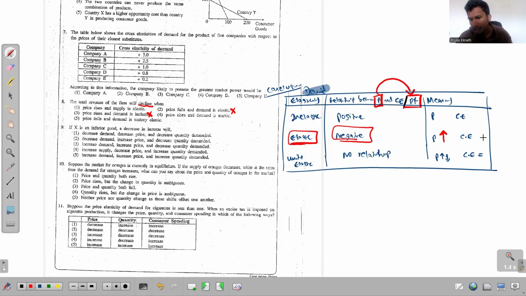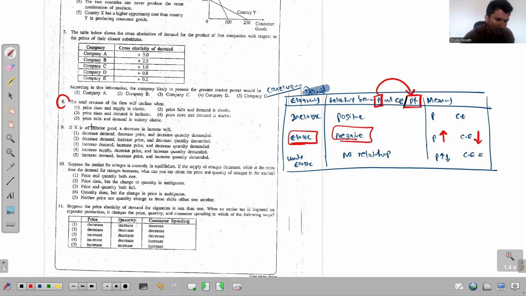If so, when price increases, the producer's revenue or the consumer expenditure has to decrease. The total revenue of the firm will decline in this fourth option. When price rises, if the demand is elastic, the producer's revenue will decline. So that is the answer. Question 8, the fourth one is the answer. But we will look at the other options as well.